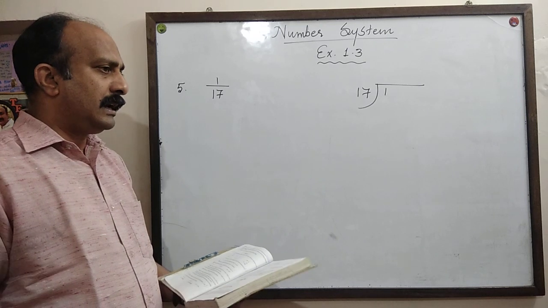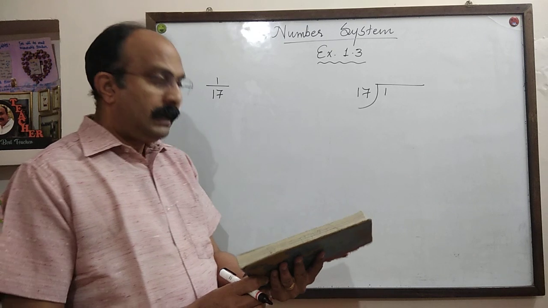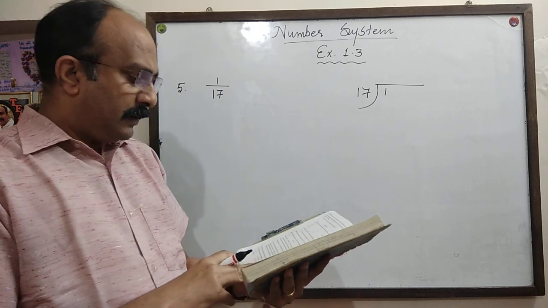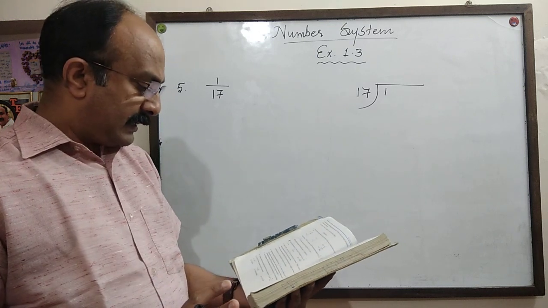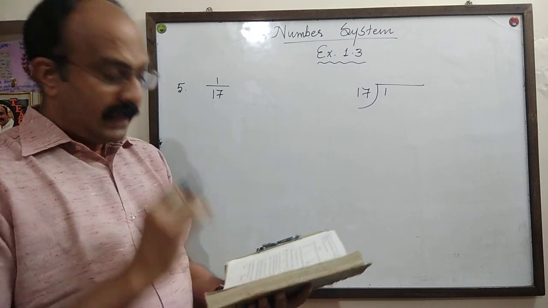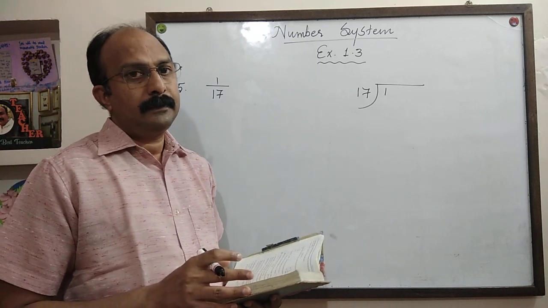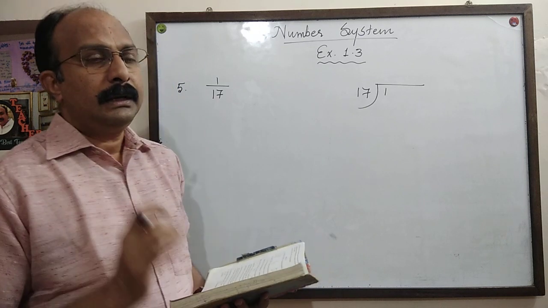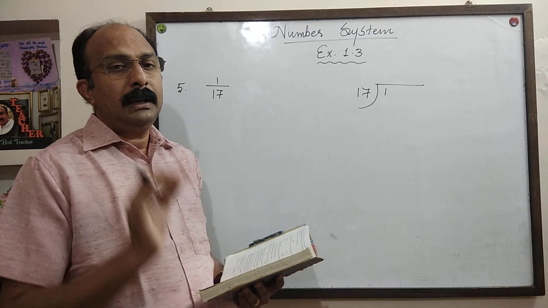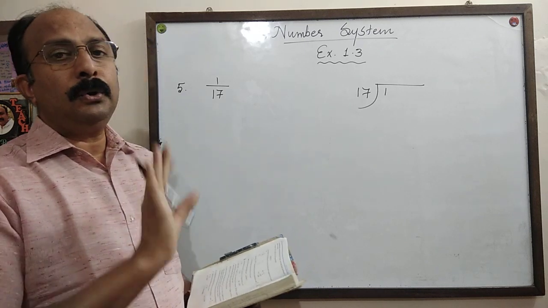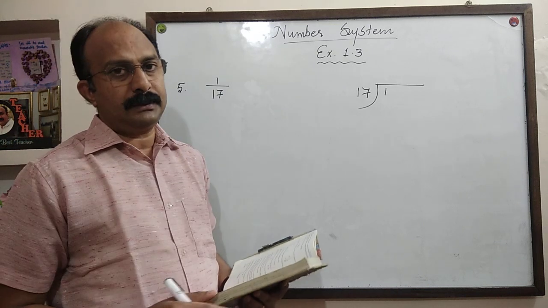Look at the several examples of rational numbers in the form p upon q, where p and q are integers with no common factors other than 1 and having terminating decimal expansions. I repeat the question. Take some examples of p upon q where p and q have no common factor between them, or they are also called coprimes.